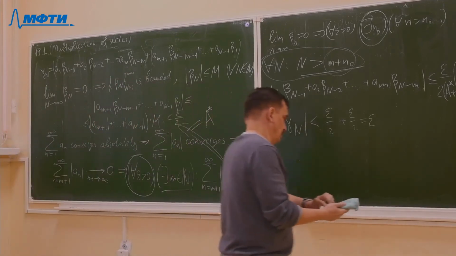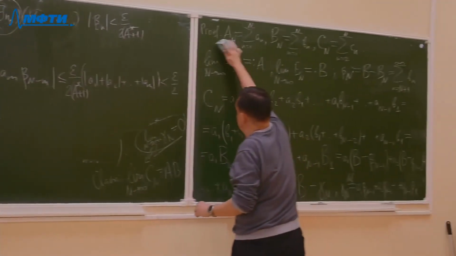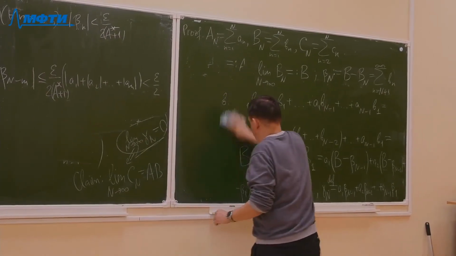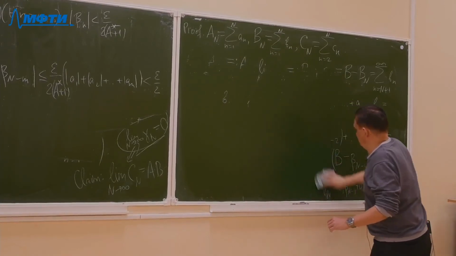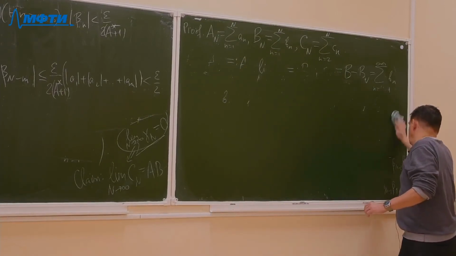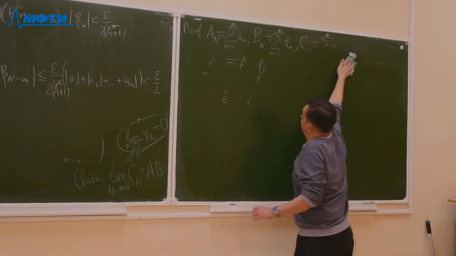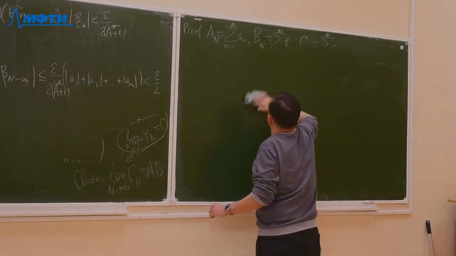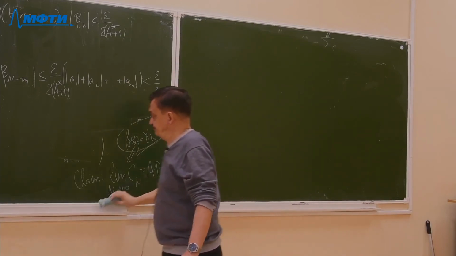So let me consider an example which shows that the product may diverge, even the Cauchy product of two convergent series may be divergent.